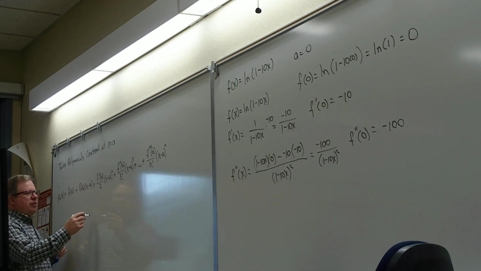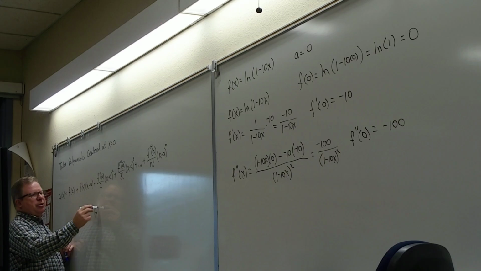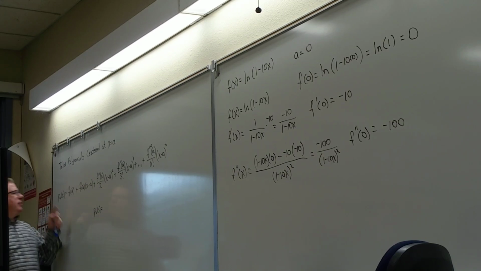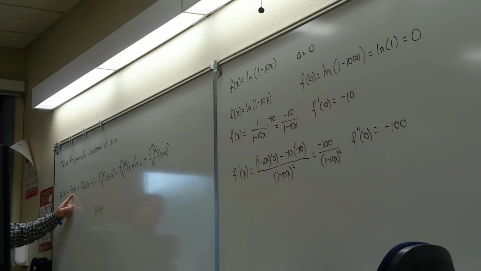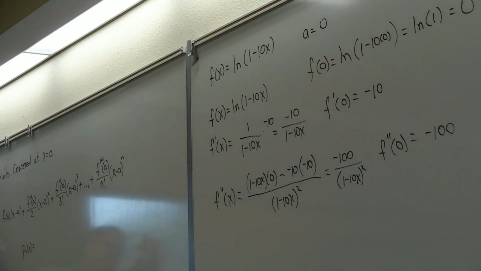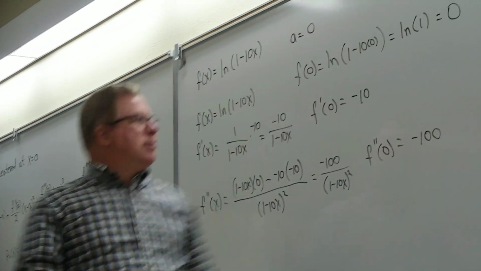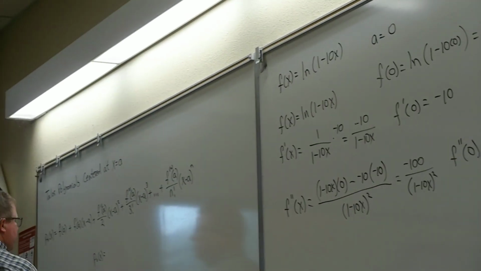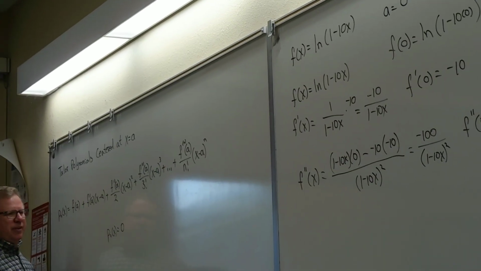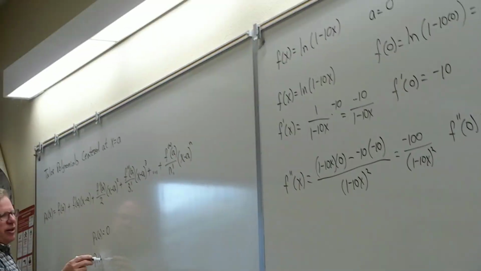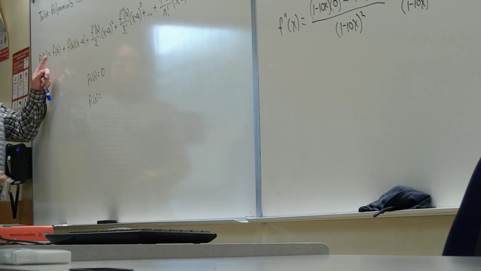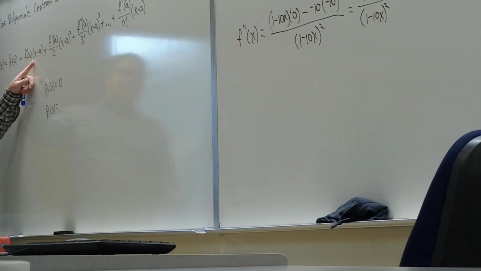So here we go. P sub 0 of x, that's this term, which is simply this. So P0 of x equals 0. P1 of x, that'll be this term plus this term.